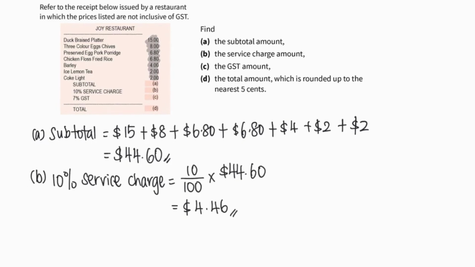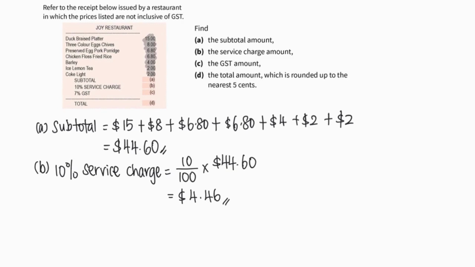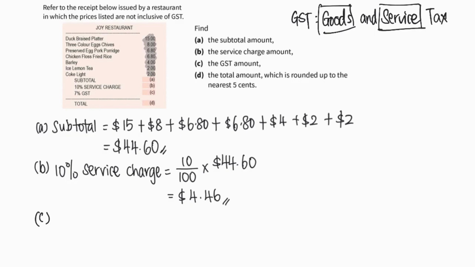And next will be the GST. Now GST in this case is 7% GST. And how do we charge? Do take note, this is something for you all to take note of. GST is represented by goods and service tax. So this means it includes both the goods and the service. So what goods are we having in this restaurant?